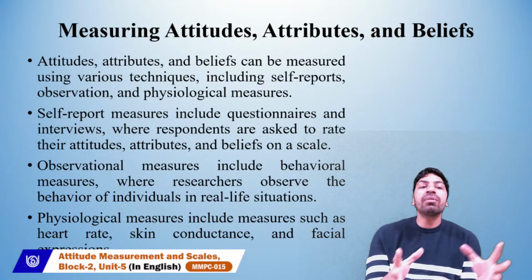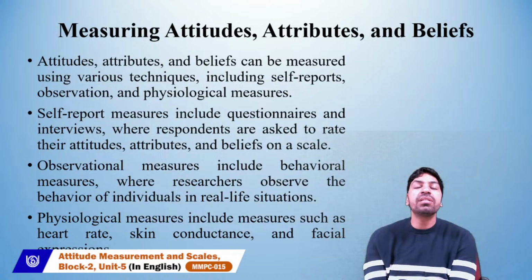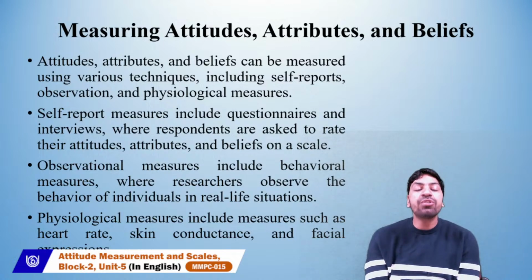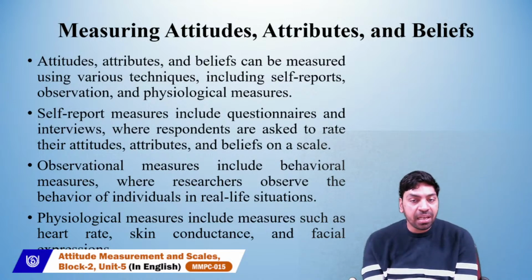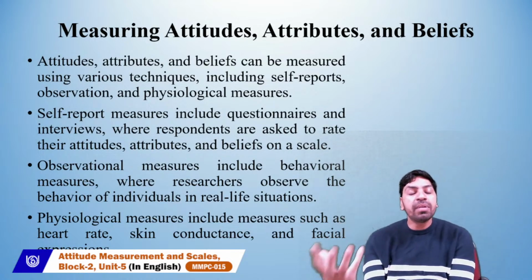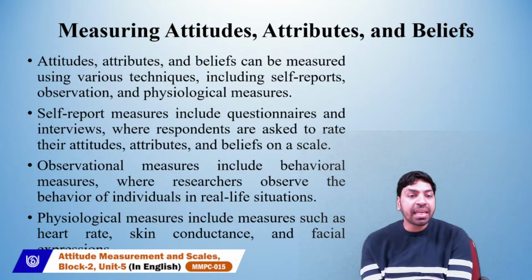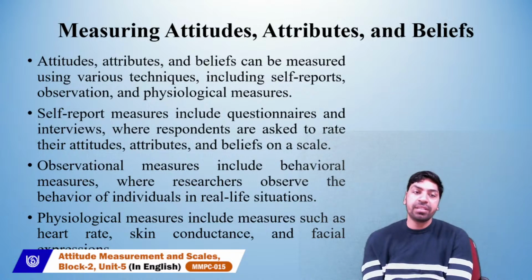Self-report measures include the questionnaire method and the interview method, where respondents are asked questions to measure attitudes, attributes, and beliefs on a particular scale. It could be a nominal scale, or a ranking or ordinal scale.